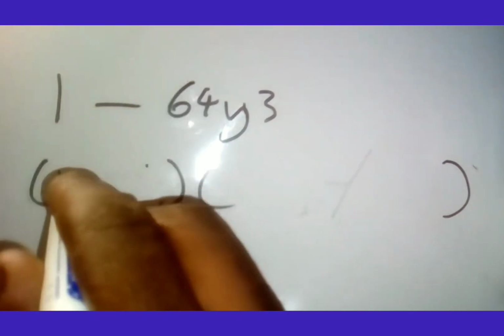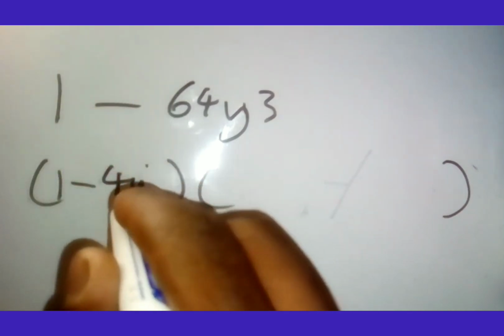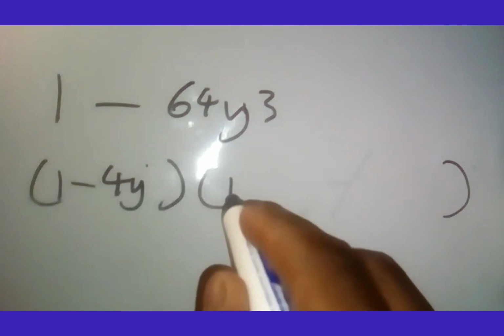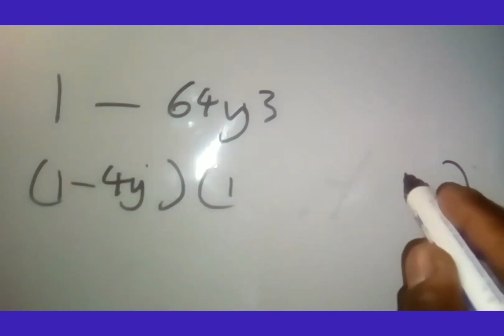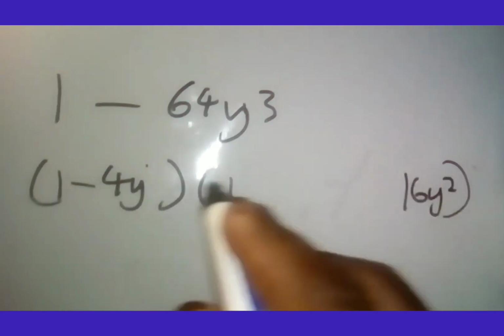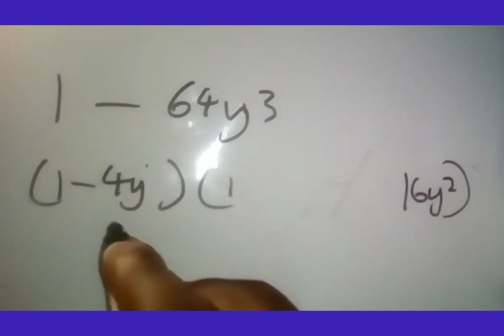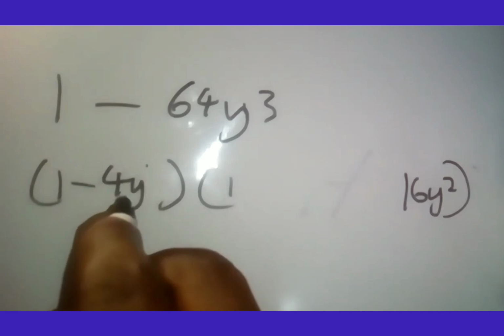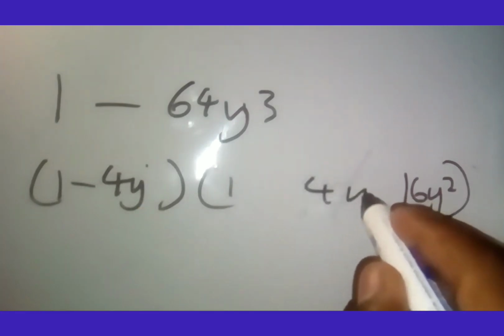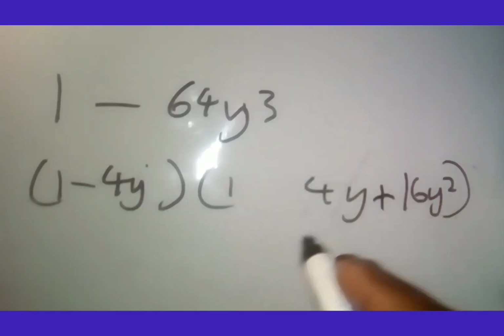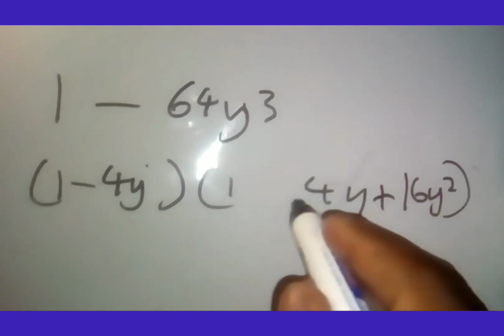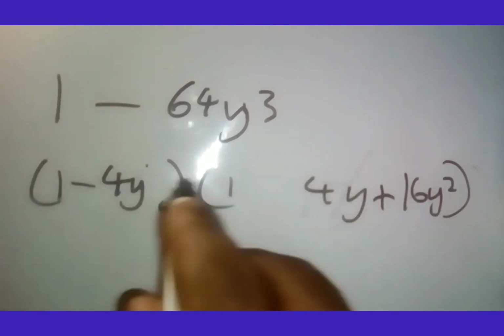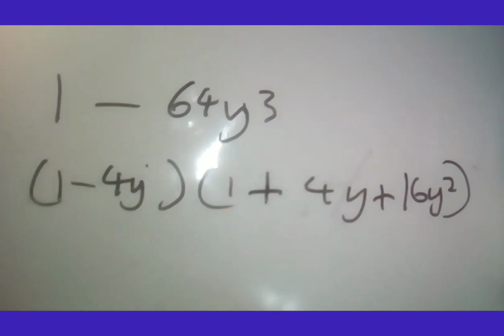Because 4 cubed is 64. So it's going to be 4y. Now when we square this, it's going to be 1. When we square that, it's going to be 16y squared. Remember, we're not only squaring the numbers but also the letters. Now what is 4y times 1? Notice I'm ignoring the signs. 4y times 1 is just 4y. The last sign will always be a plus, an addition sign, right? And the middle term will always contradict that. So there we have it.